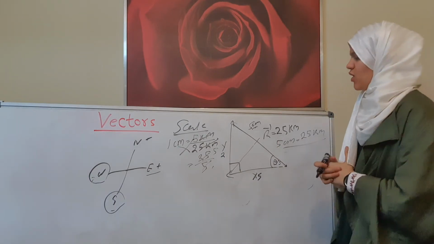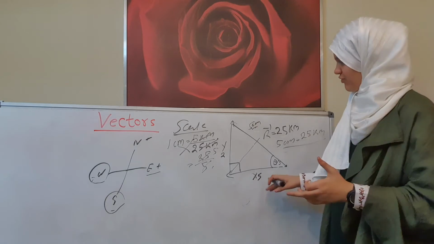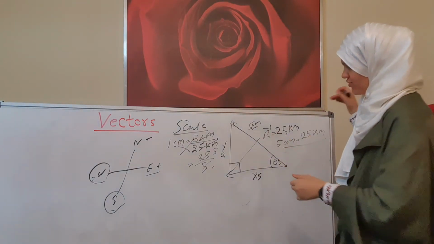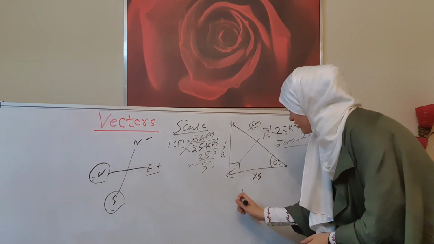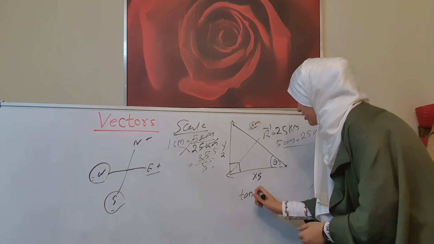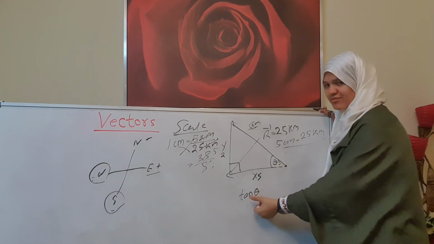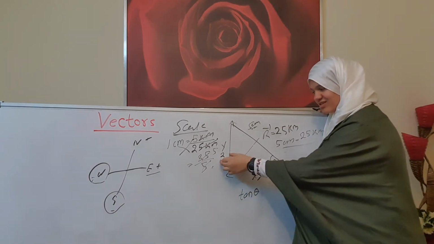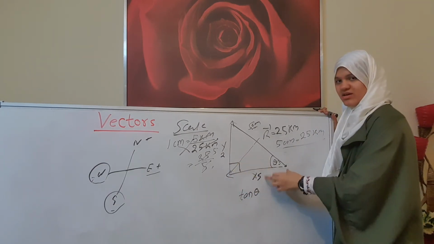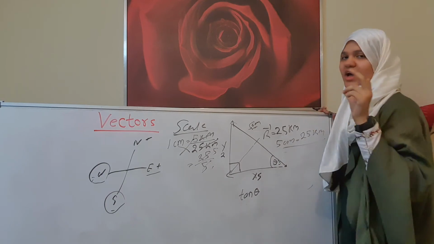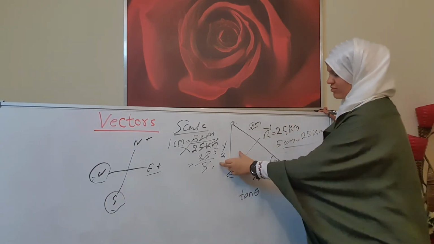How will we find it? First we make tan theta, because we want to find this. And why do I make tan? Because tan is opposite over adjacent, and the hypotenuse we leave alone. So that means opposite over adjacent.